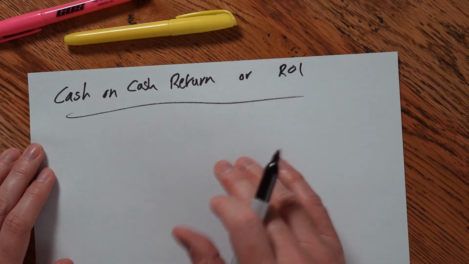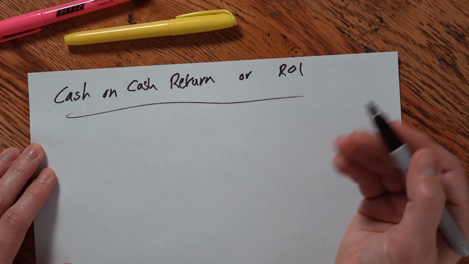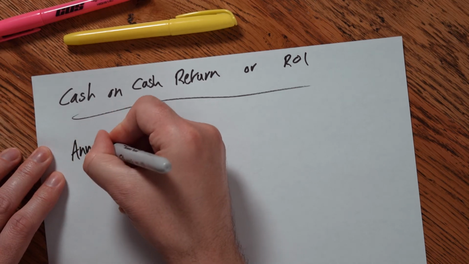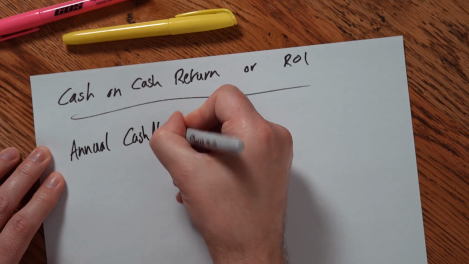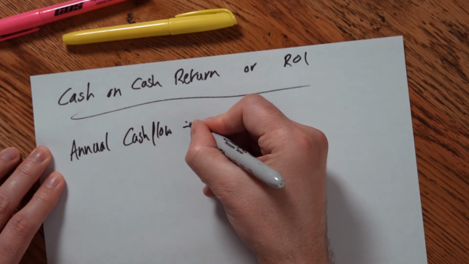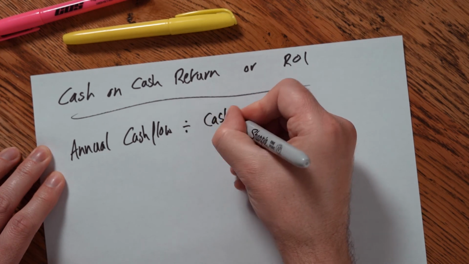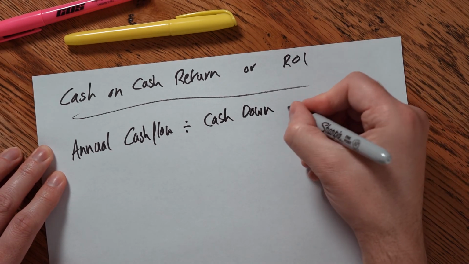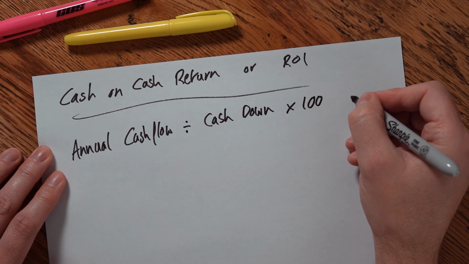Then we've got cash on cash return. So the next calculation is our cash on cash return or return on investment. So this calculation is we take our annual cash flow, we divide that number by our cash down. We times that by 100 to get that as a percentage.